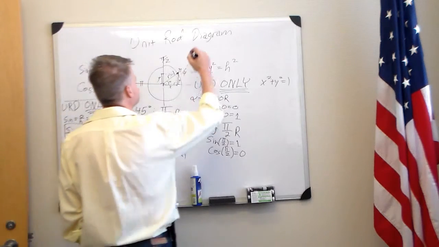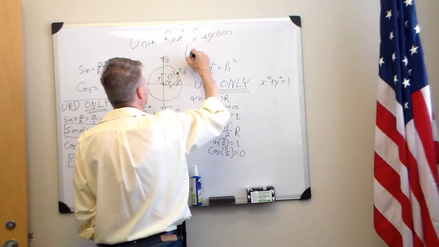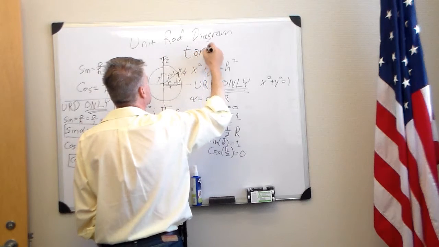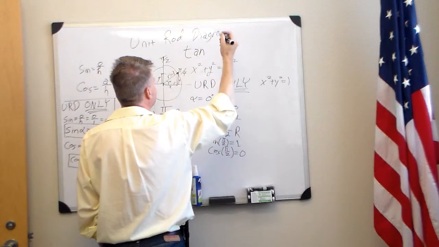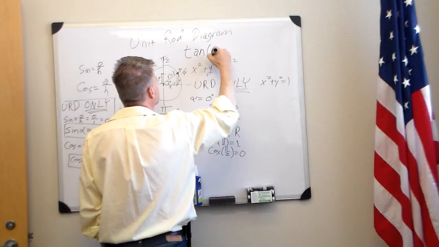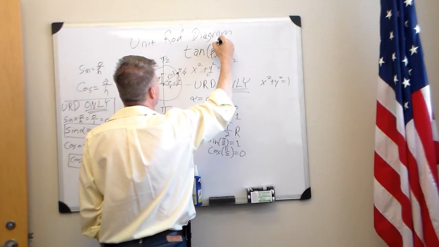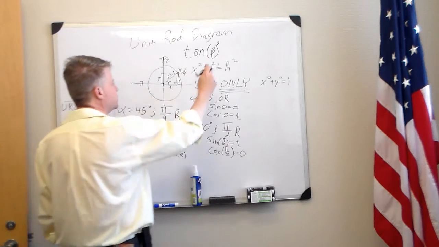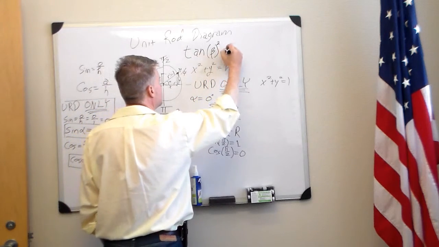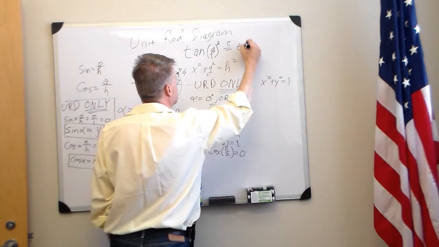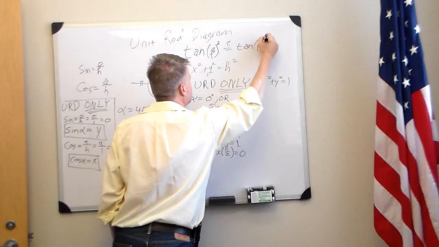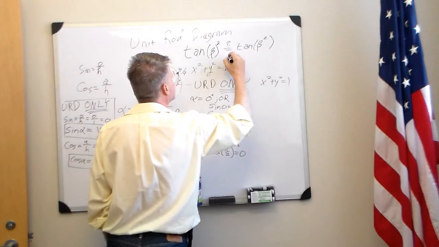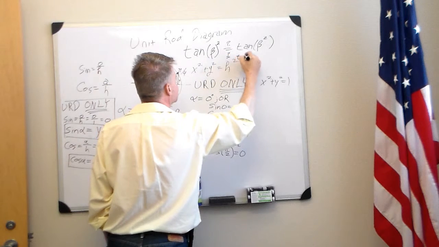If we write, say, tangent squared of some angle beta, whatever it might be, if we write this, it's confusing. Does this mean we square the beta? Or does this mean that we square the tangent?